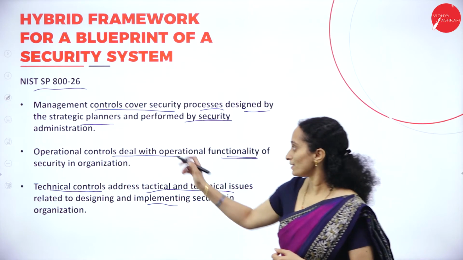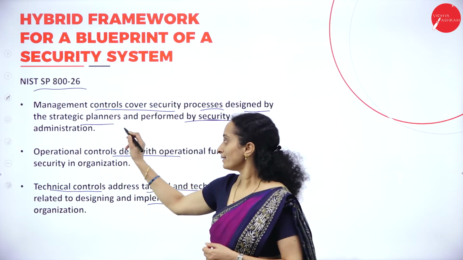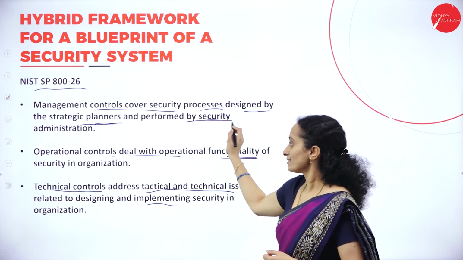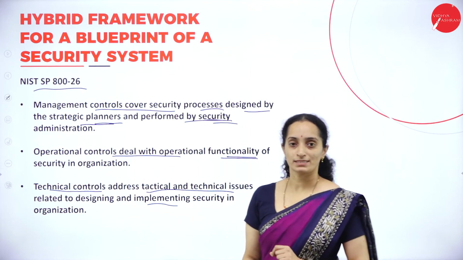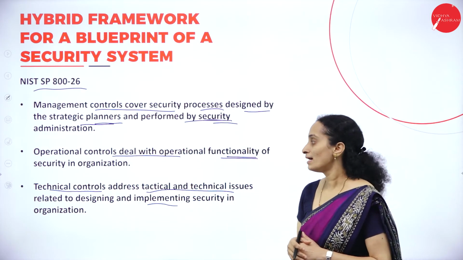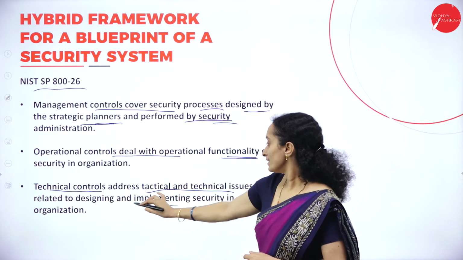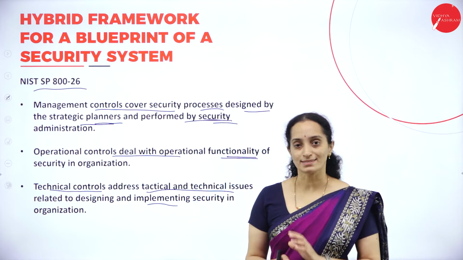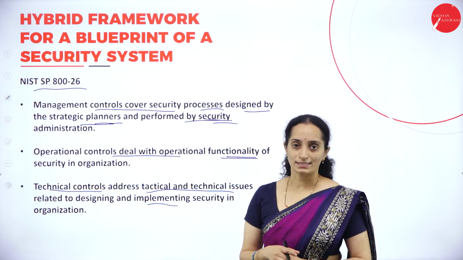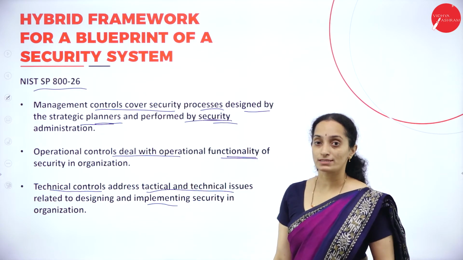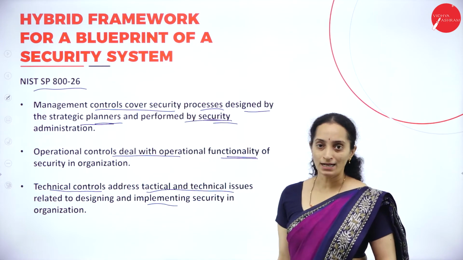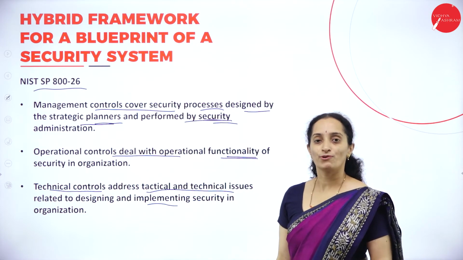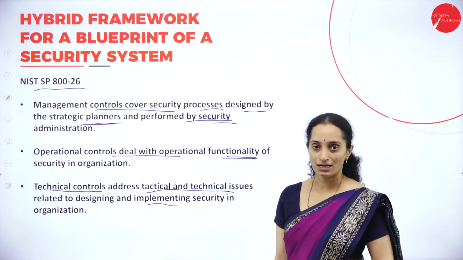Who are responsible are the top management, the strategic planners and the security administration. These three teams are responsible for designing, implementing and maintaining the security in the organization. So these are some of the policies suggested by the security policy 800-26.